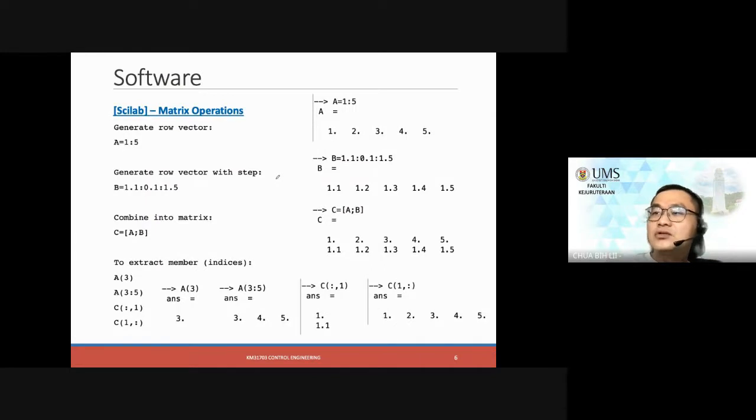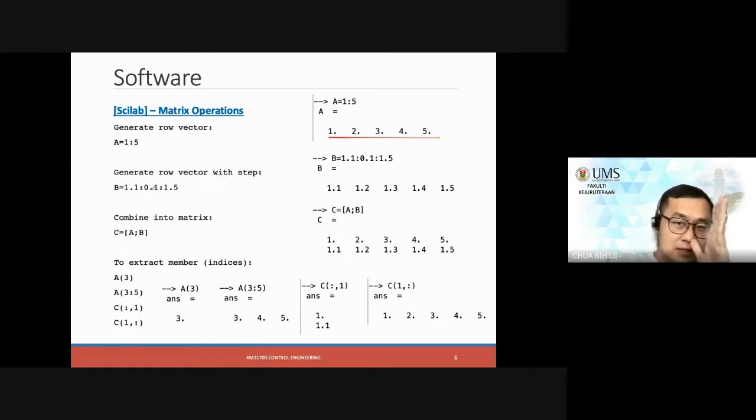Other matrix operations: you can generate rows. You can put a equals 1 dot dot 5. 1 dot dot 5 means it will generate a from 1, 2, 3, 4, 5. You can also generate in a step form.